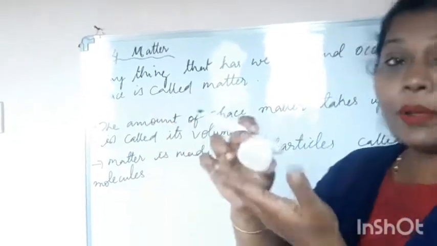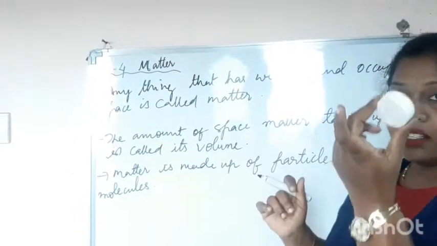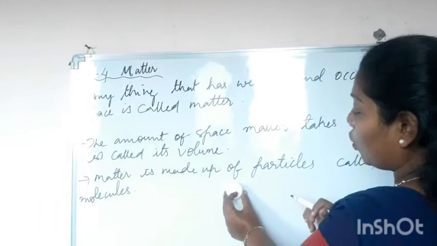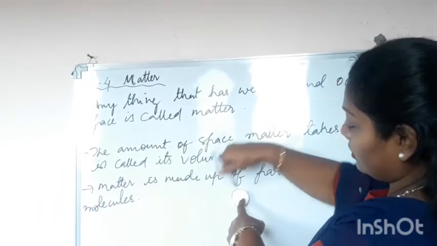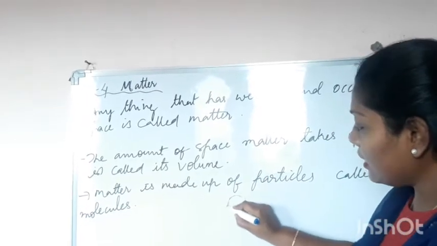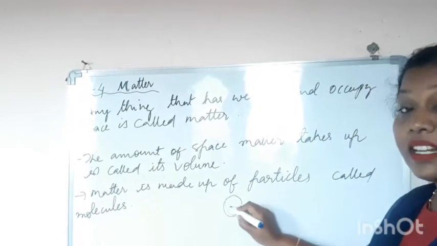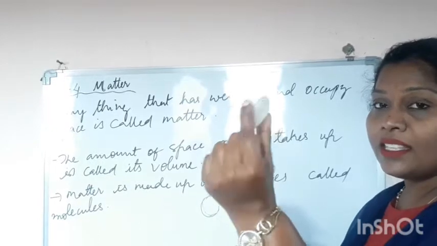For example, I will show this on the board. See, children, I kept this cap on the board and I have measured it. So children, in this circle, this is the space that is occupied by this cap.